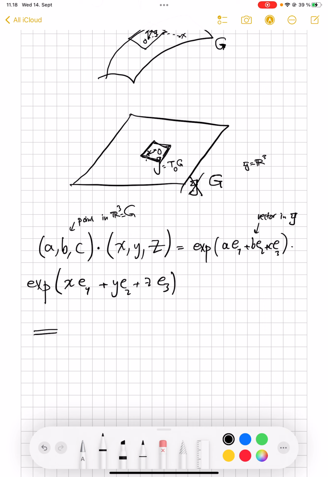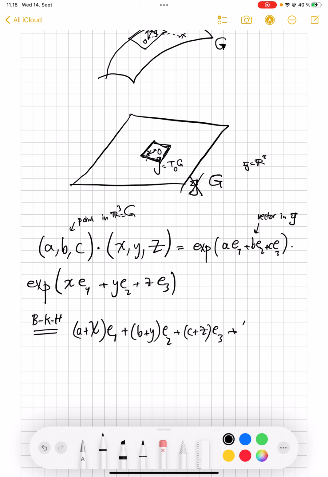Now comes this Baker-Campbell-Hausdorff formula. So exponential of two objects is, first, add those two objects. So add these two vectors, it will be (a plus x)E1 plus (b plus y)E2 plus (c plus z)E3.